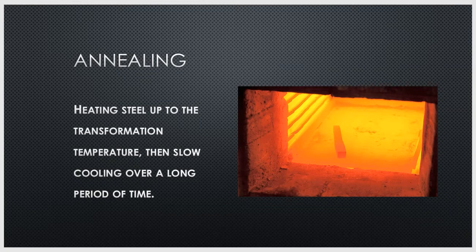So this isn't just applying heat using a torch or applying heat in an oven and then just cutting it off. No. This is heating it up to its transformation temperature, keeping it there for a little bit of time, and then we're slowly turning the heat down.